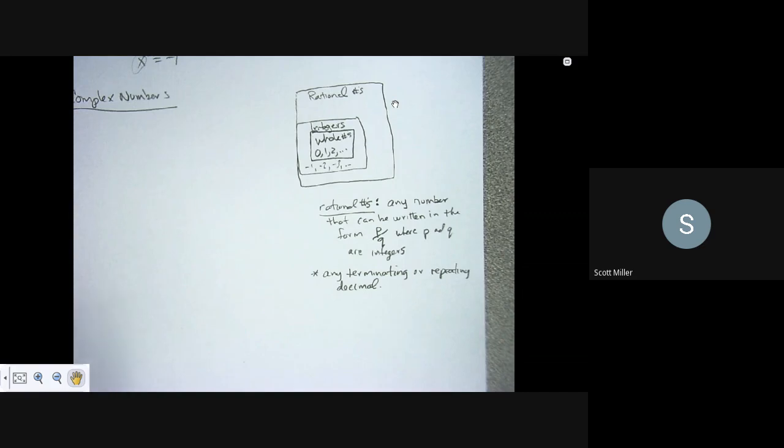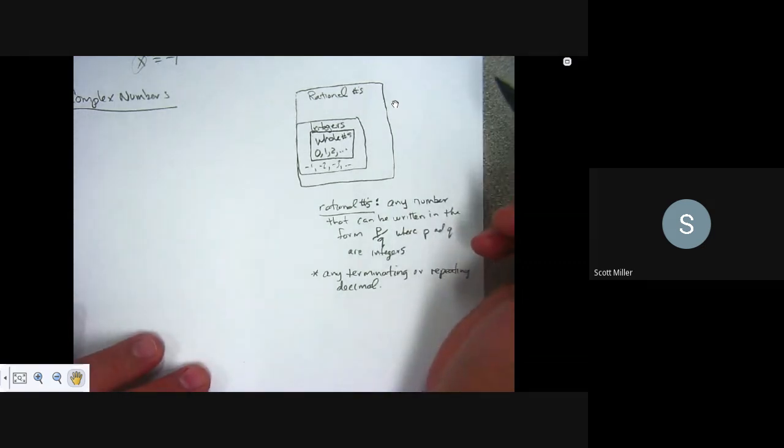If that decimal is a repeating decimal, no matter how many digits repeat, it is also a rational number. That means I can express them as fractions. That's what a rational number is. It's a large group of numbers.